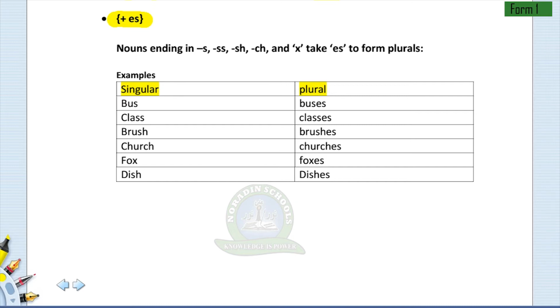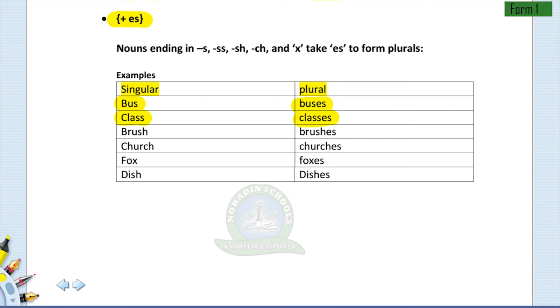For example, bus forms its plural by adding es. Bus, buses. We add only es at the end of the noun. Class, classes. In the same way, we add es.